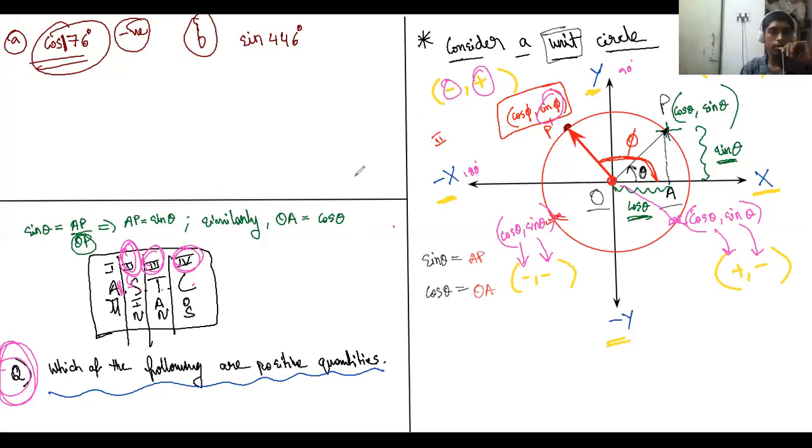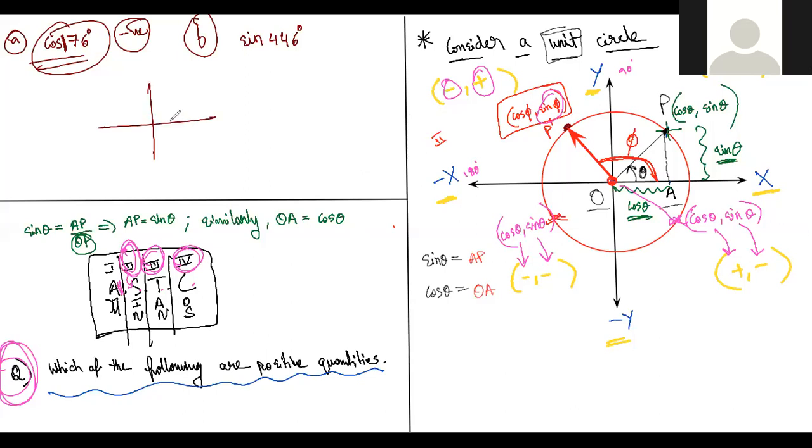Okay, Shrijita, go ahead. Positive. How? Because if one revolution is completed, that means 360 degrees is completed. Then again, if we move, just a second, please, sir.